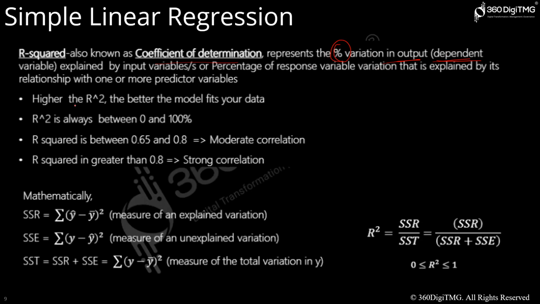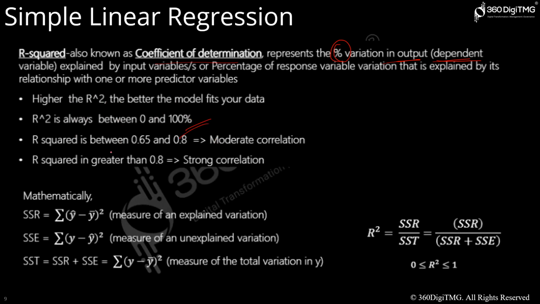So here there are some conditions for R squared. Higher the R square, the better the model fits your data. And R square is always between 0 and 100%.